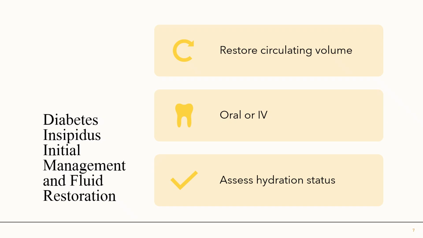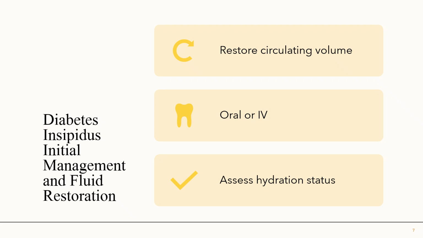Restoration of fluid volume is the immediate priority. Patients who are alert and able to drink are encouraged to consume large amounts of fluid to replace the ongoing losses. When oral intake is inadequate or unsafe, intravenous fluids are administered using a fluid pump to ensure precise delivery.